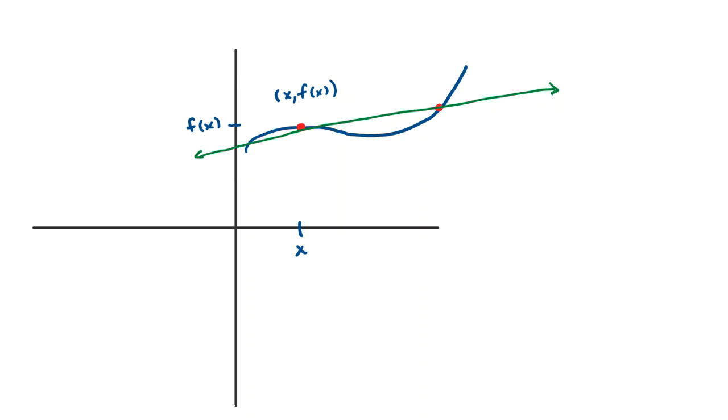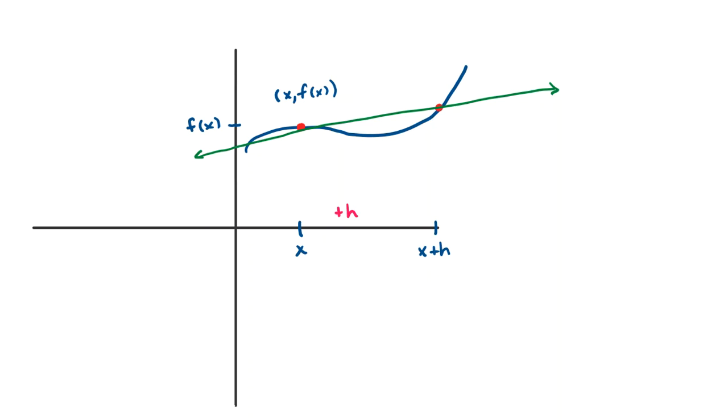Let's just call this plus h. And what that's going to produce for me is a way of labeling the x-axis tick mark right underneath that second point. That x-axis tick mark is going to be given by x plus h. We simply add h units on to x in order to get to this location on the x-axis.